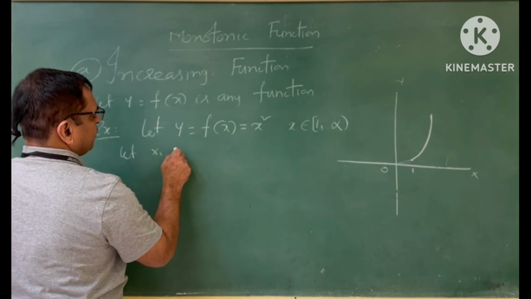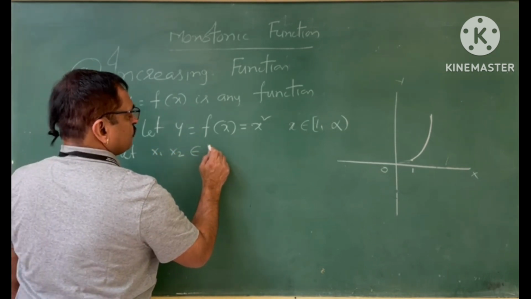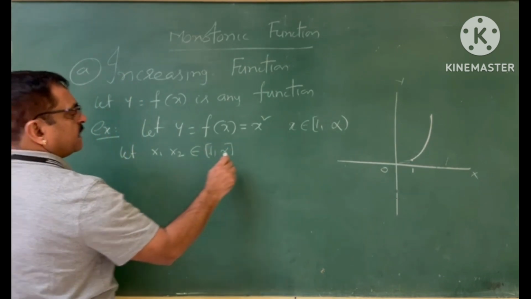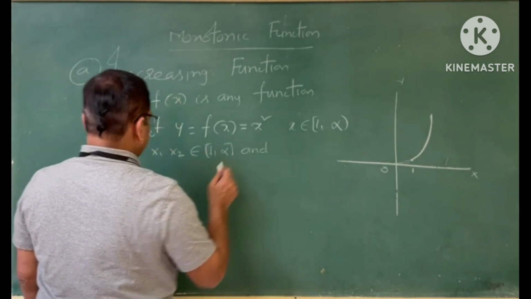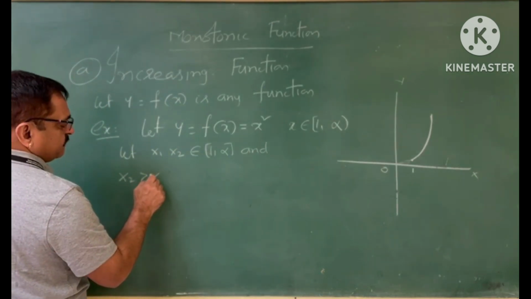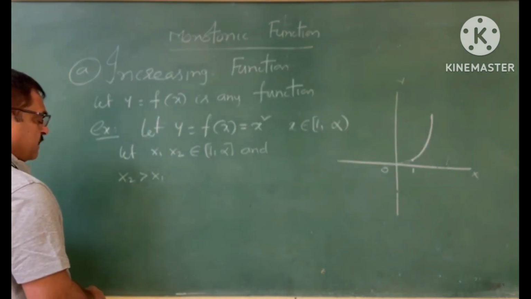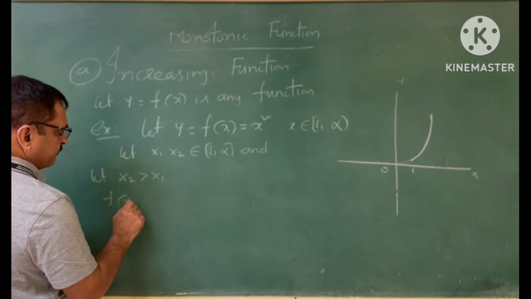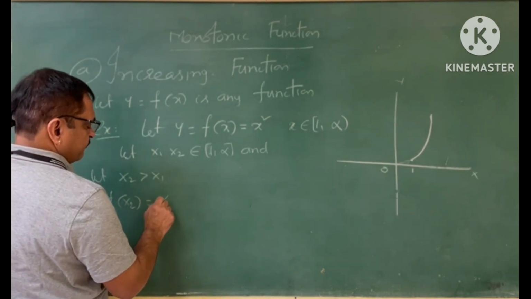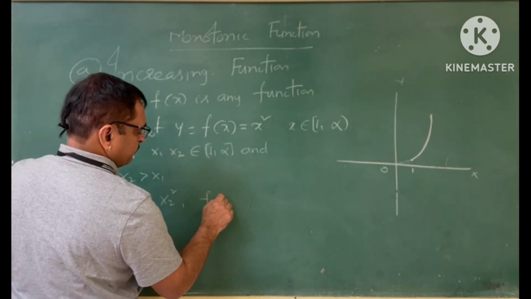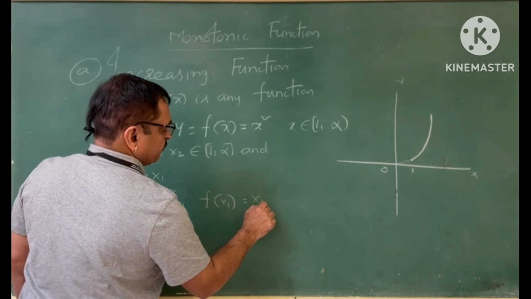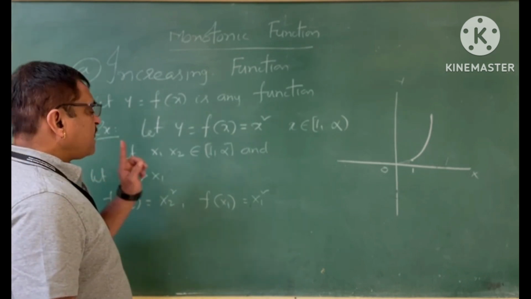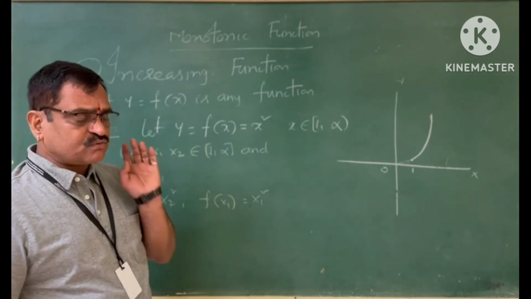How can you say that? Look here, let x1 and x2 belong to 1 to infinity, and x2 is more than x1. Now, f of x2 is equal to x2 square, and f of x1 is equal to x1 square. Now here, x1 and x2 both are positive numbers. Please observe this one.